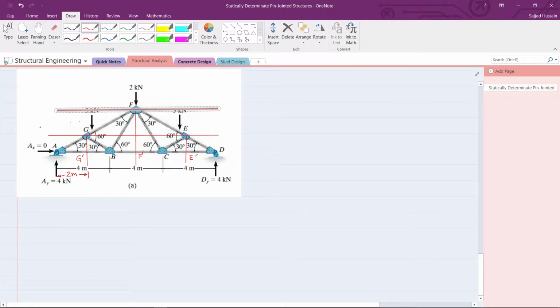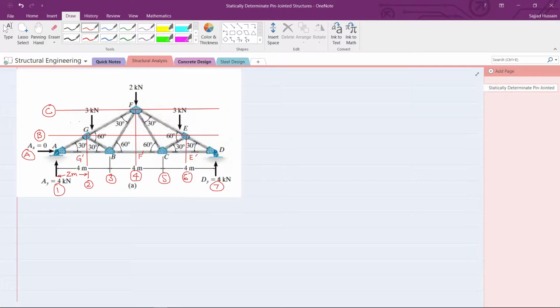So if this is our grid line A, this will be our grid line B, and this will be our grid line C. Similarly, this will be grid line number 1, 2, 3, 4, 5, 6, and 7. So we have to draw 7 grid lines at 2 meter distance in the X direction, and 3 grid lines in the Z direction, A, B and C, but we do not know how far these are.